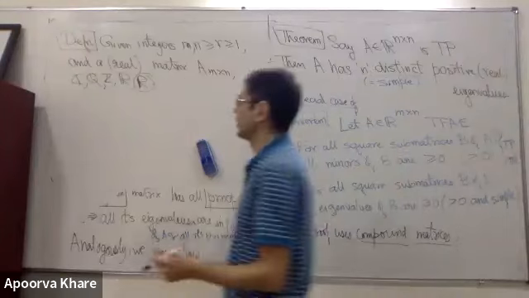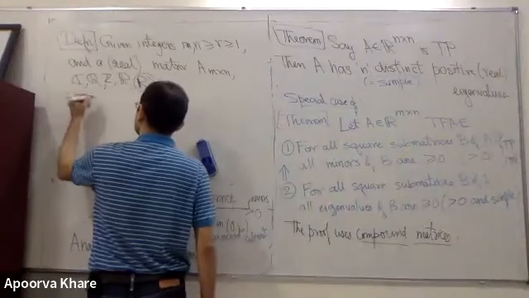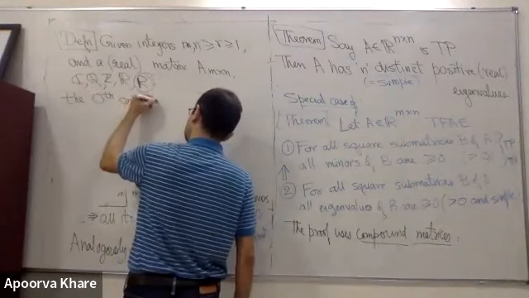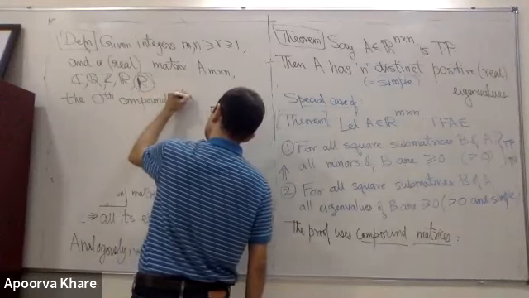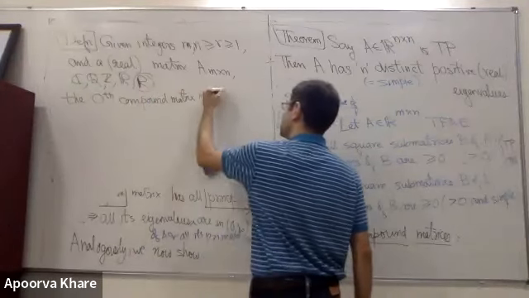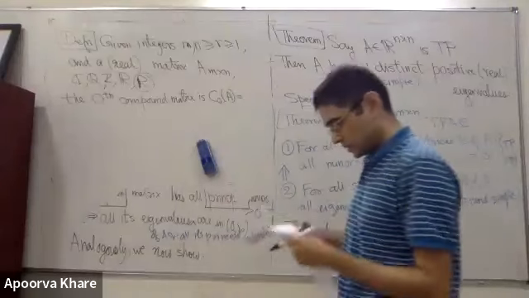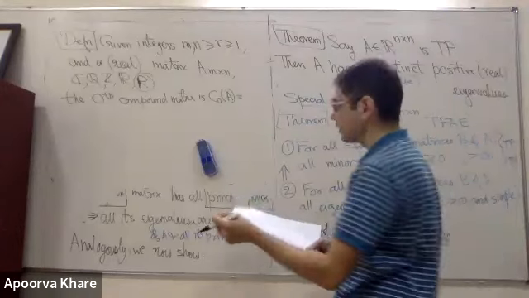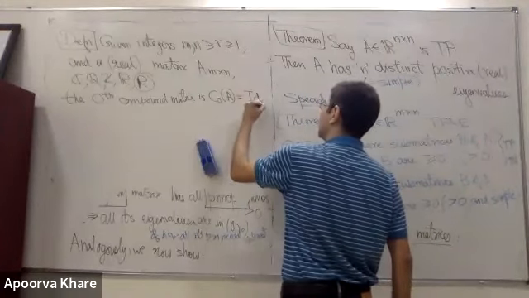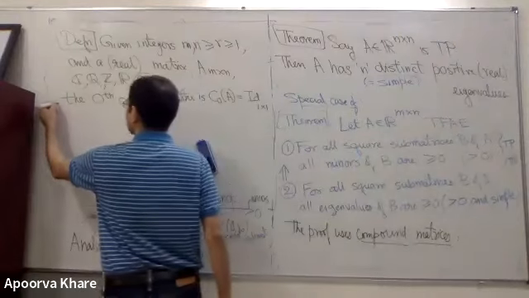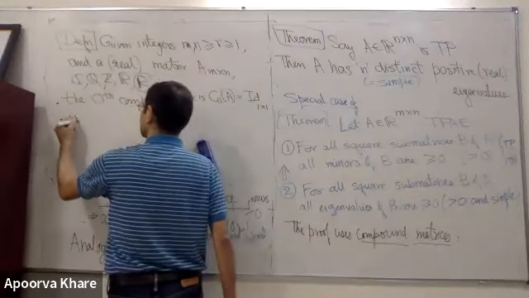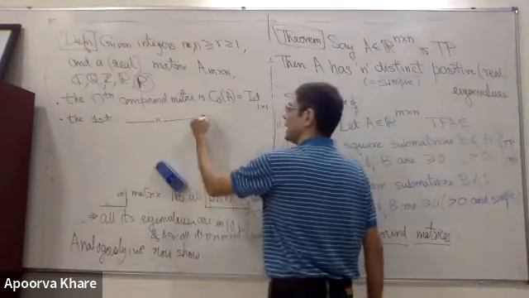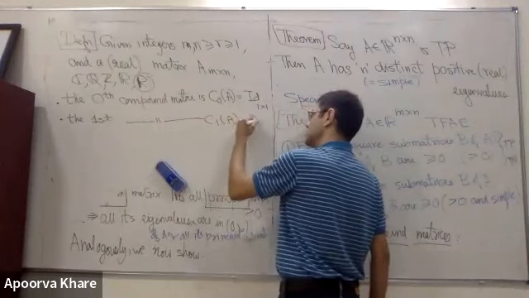The rth compound matrix is defined as follows. The 0th compound matrix C0 of A is just 1, the identity, 1 cross 1. The first compound matrix is A itself, m cross n.